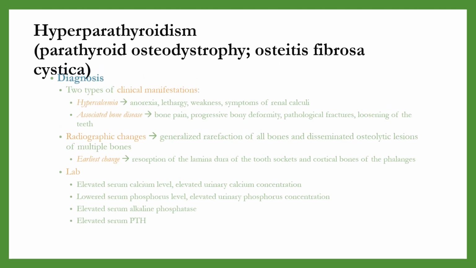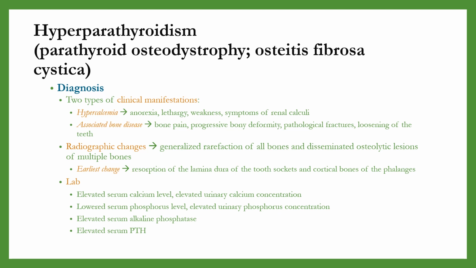Diagnosis of hyperparathyroidism involves two types of clinical manifestation. Hypercalcemia, for example in people with anorexia, lethargy, weakness, and symptoms of renal calculi, and also associated bone disease. There is bone pain, progressive bony deformity, pathological fractures, and loosening of the teeth.